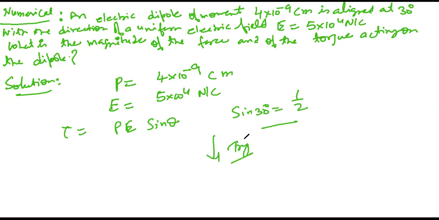If you face problem, I'm here. 10 × 10⁻⁵. Correct. You are getting this much, no? 10 multiplied by 10⁻⁵. So you can write it 10⁻⁴.